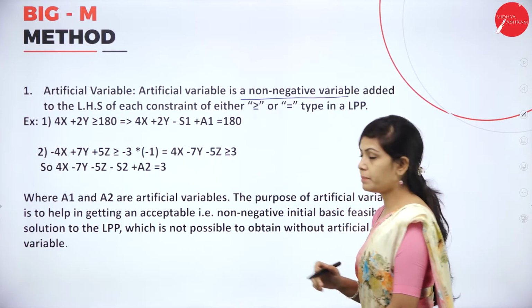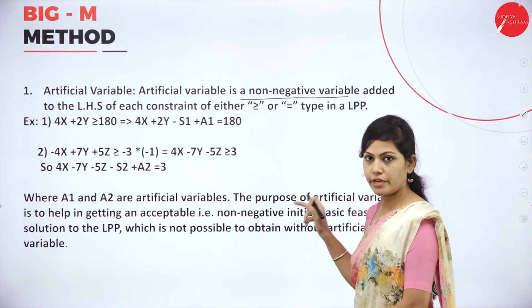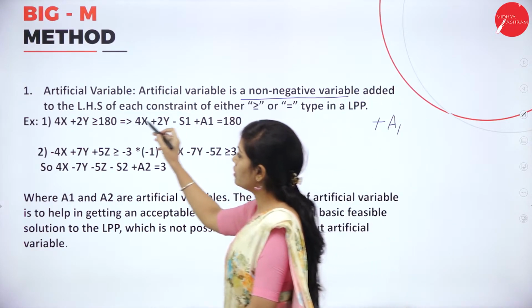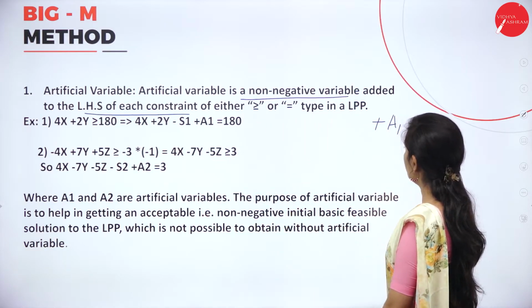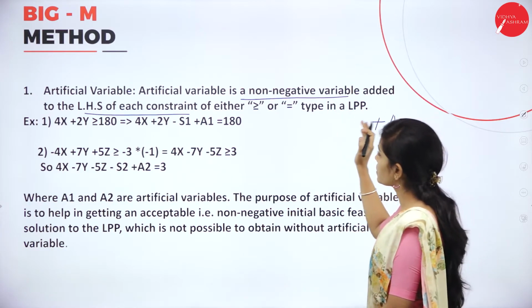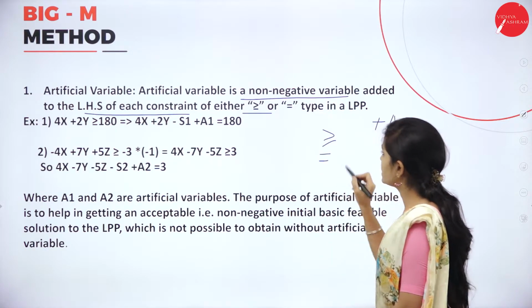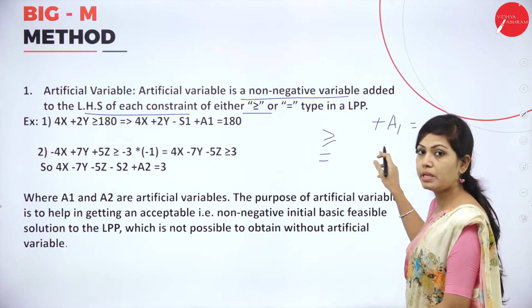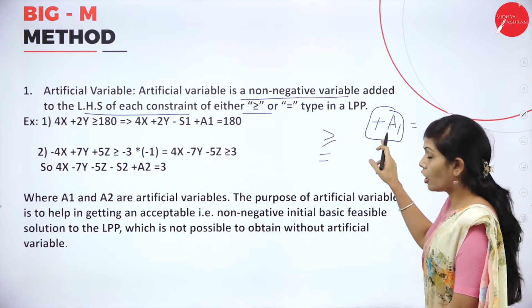An artificial variable is a non-negative variable added to the LHS of each constraint, either greater than or equal to or equal type, in an LPP. Listen carefully: this artificial variable is a non-negative variable. It should always be positive.